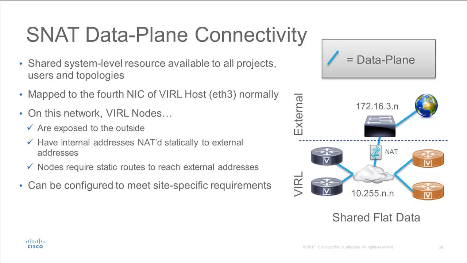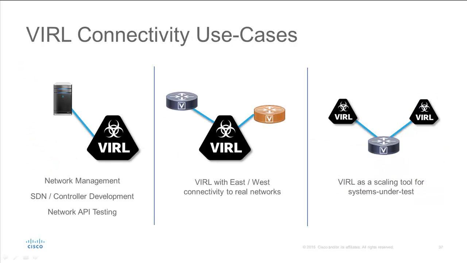This would be translated in a static fashion so that, for example, 10.255.10.1 would always be 172.16.3.1 on the outside.